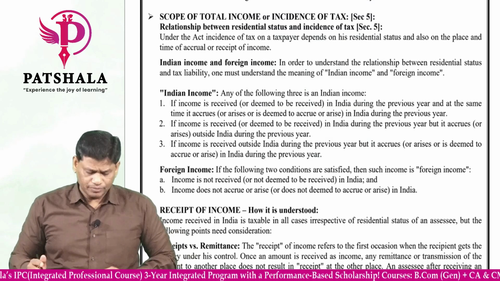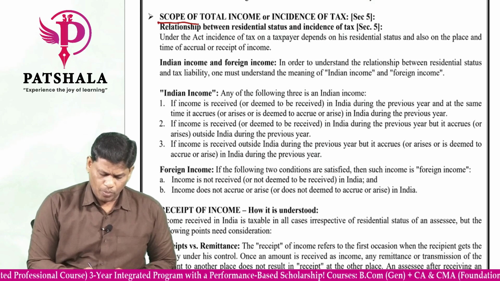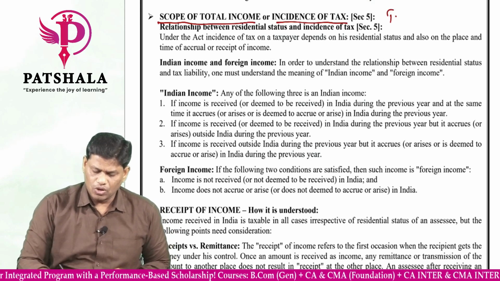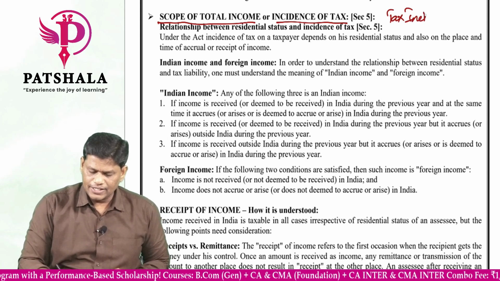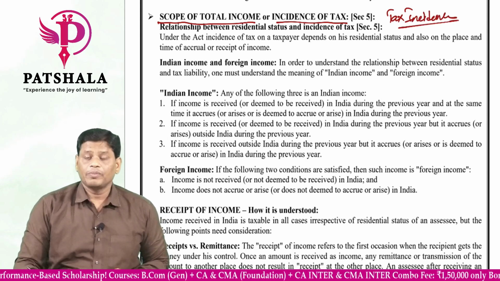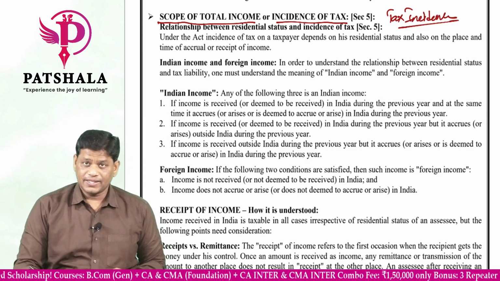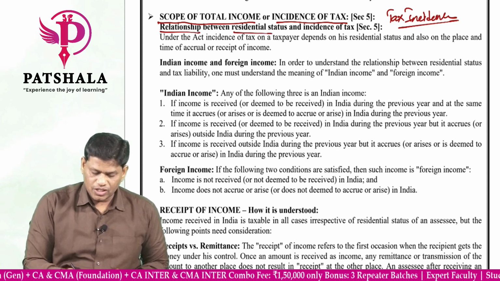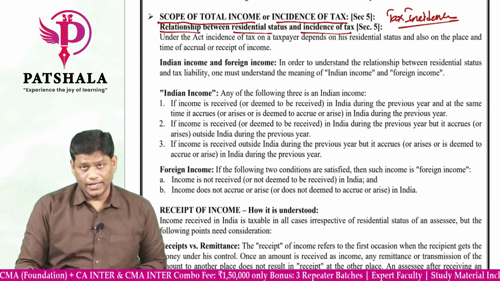Write down: scope of total income or incidence of tax, or simply it is called tax incidence. The relationship between residential status and tax incidence is what we need to understand.